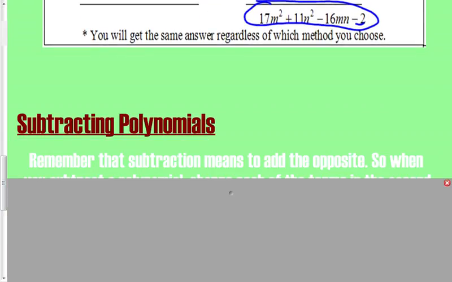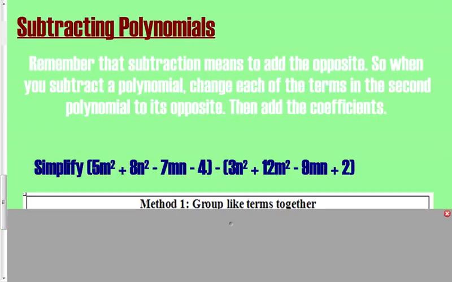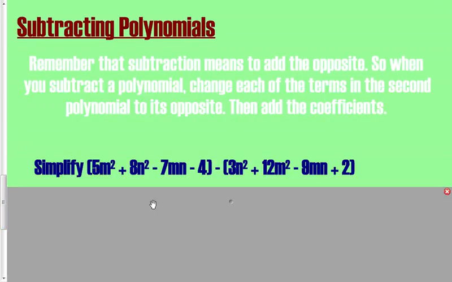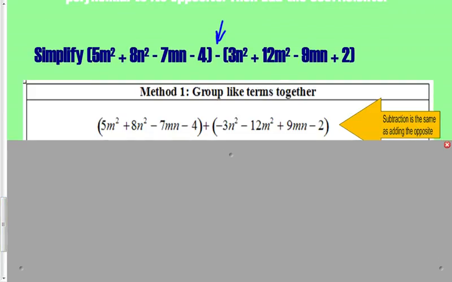So, subtracting them is going to be no different. Similar example, only now we have the subtraction sign in between. So, you just got to be a little bit careful with it. When you're doing method 1, here's a good note. Subtraction is the same thing as adding the opposite.